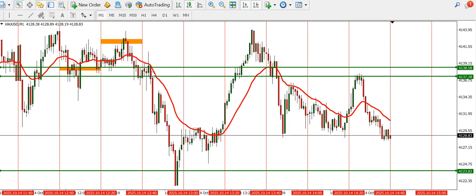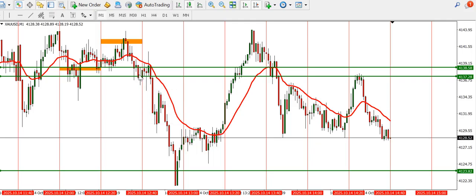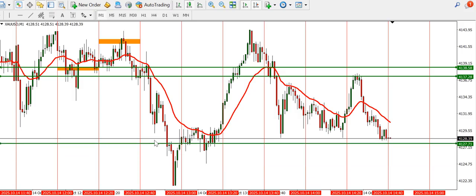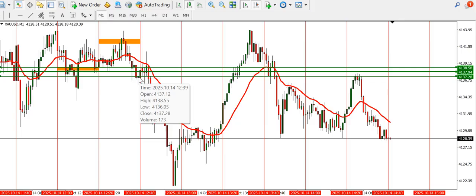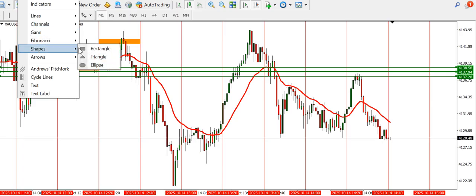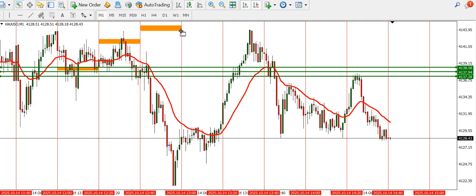To draw support or resistance for this place, I look at the close of the last candle before each vertical line. I'm going to divide this into two. Since close to close is a drop, it's going to be a resistance, so I place the resistance shape there, like I have here.